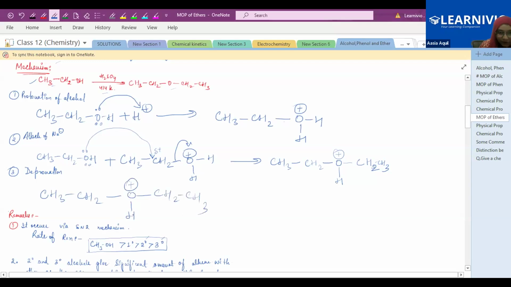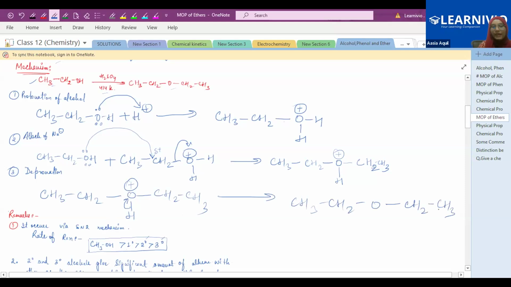This hydrogen will be removed due to the instability, and this bond will shift over here. So ये क्या होगा यहाँ पे? It will form CH3, CH2. Here the symmetrical ether will be formed. This is your product, and that's the whole mechanism.